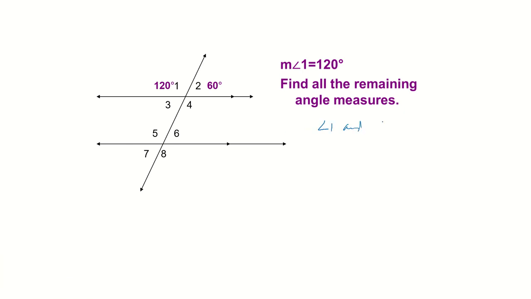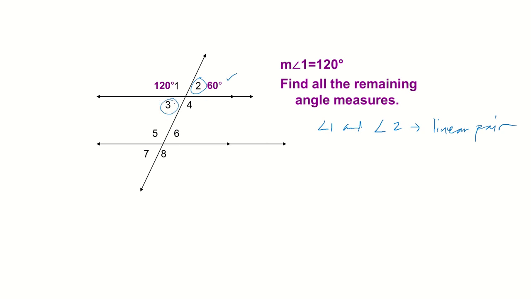Angles 1 and 2 form a linear pair, and a linear pair are adjacent angles and supplementary angles. So it's expected that when you add the measurements of angles 1 and 2, it must be 180. So to get angle 2, 180 minus 120, you'll get 60.